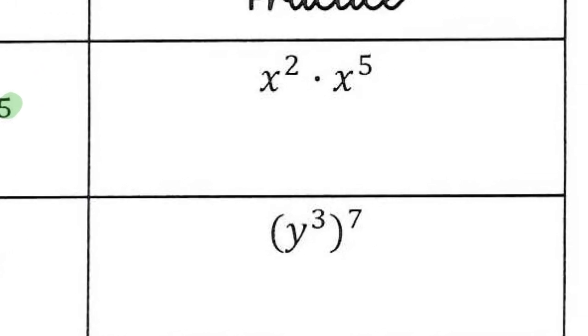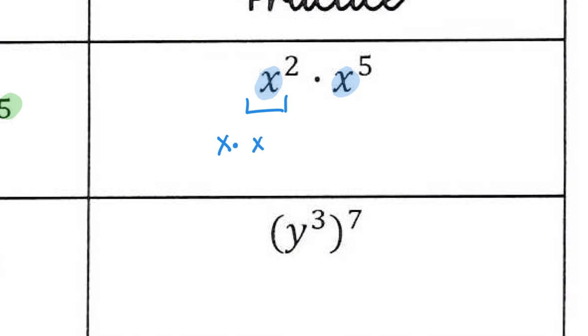If we look at one that involves variables, we want to make sure first off, do they have the same base? Are they the same variable? Are they the same number? Yes. So x squared can be written as x times x. X shows up 2 times. And those 2 x's are being multiplied by 5 additional ones.